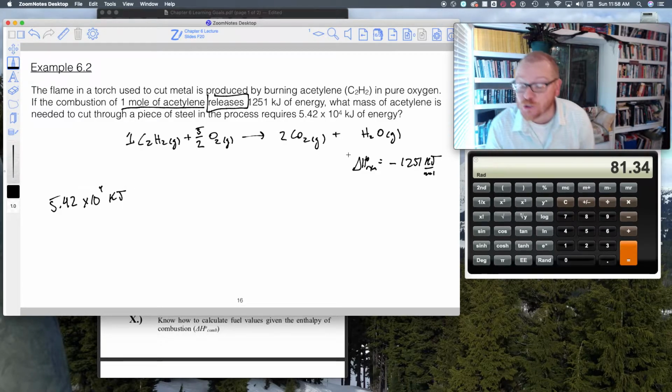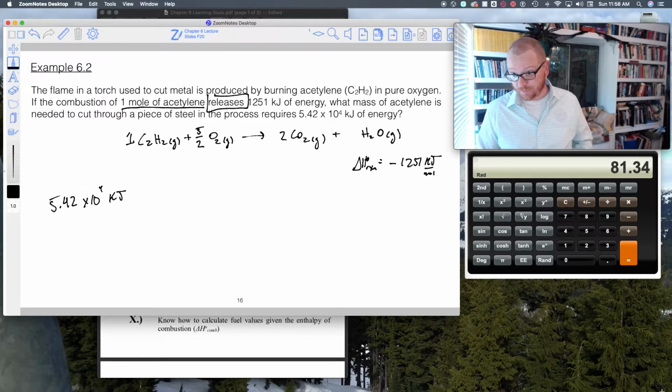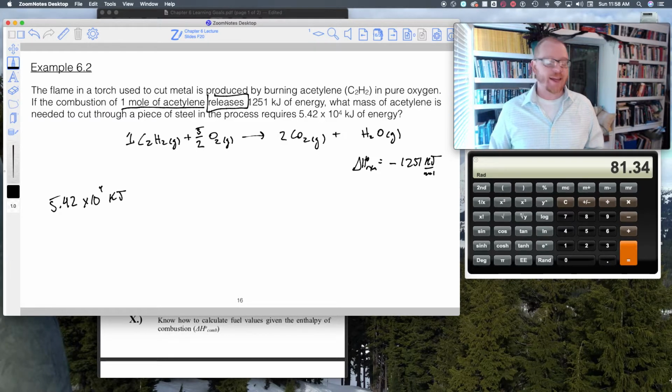And notice that's not kilojoules per anything. That's just kilojoules, okay? So how am I going to get to that? Well, look, here is where I can use my number here just like I do in any old dimensional analysis problem, okay? So I'm trying to get to what mass.